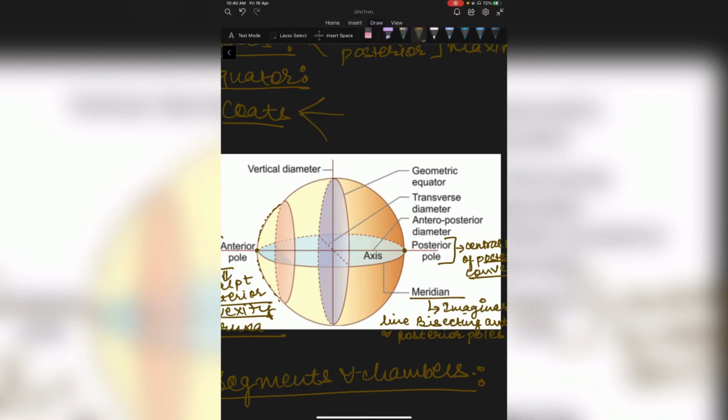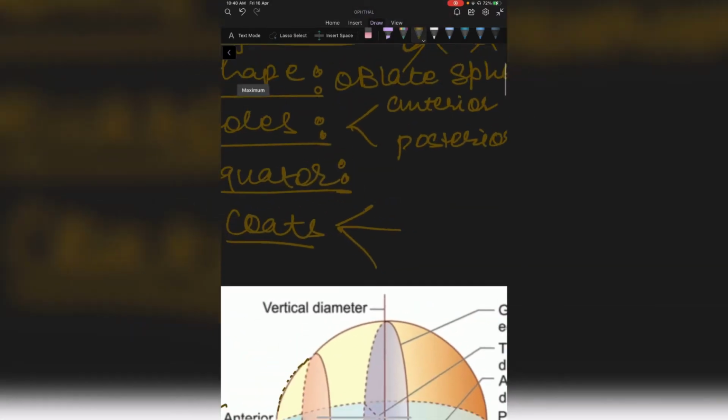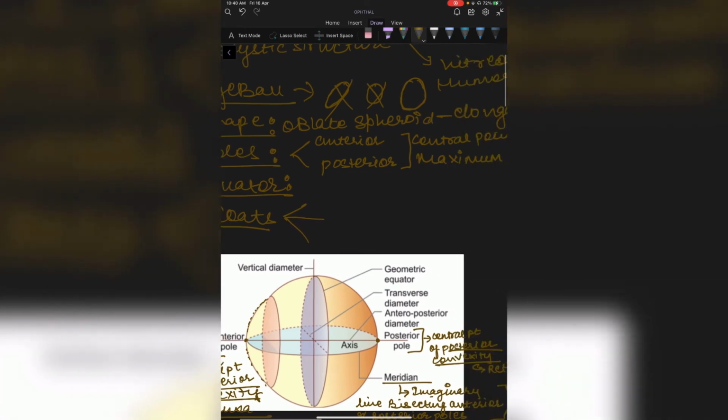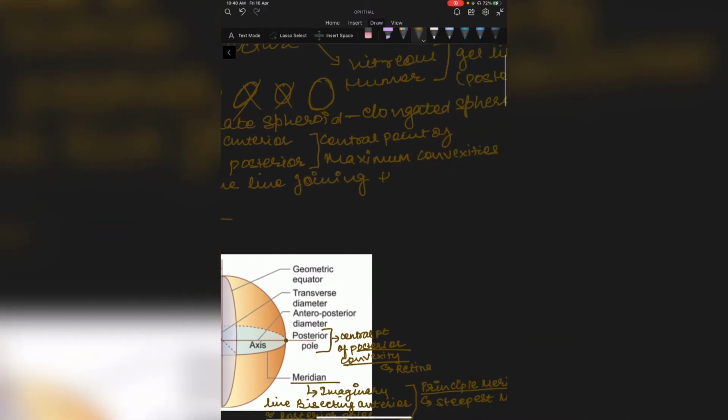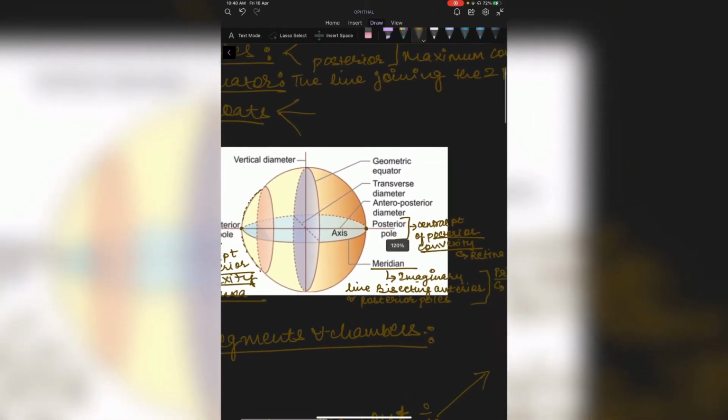Now here we have your equator. Let us first discuss the definition of the equator. The line joining the two poles is called your equator. So here we have the geometric equator, which is nothing but a line joining your vertical two poles, right?